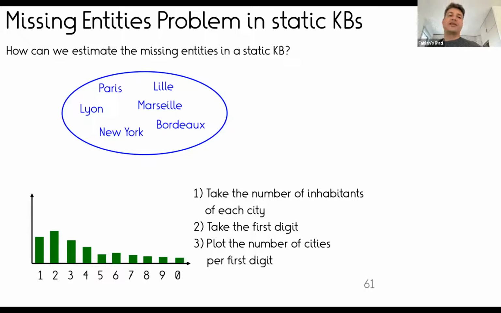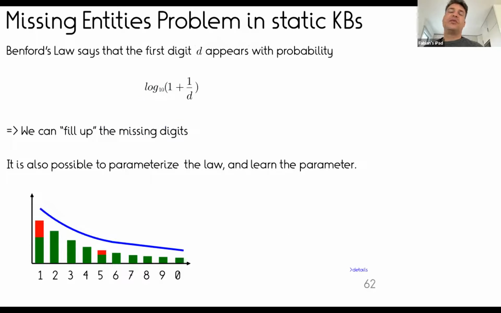And you might think that this distribution should be uniform. There's no more chance that the number starts with 1 than it starts with 5. There's no reason it should start with 5 any more or less than with 1. And it turns out that this is not true. This distribution actually has to follow this line, the blue line. It's actually a logarithmic distribution. Why should this be a logarithmic distribution?